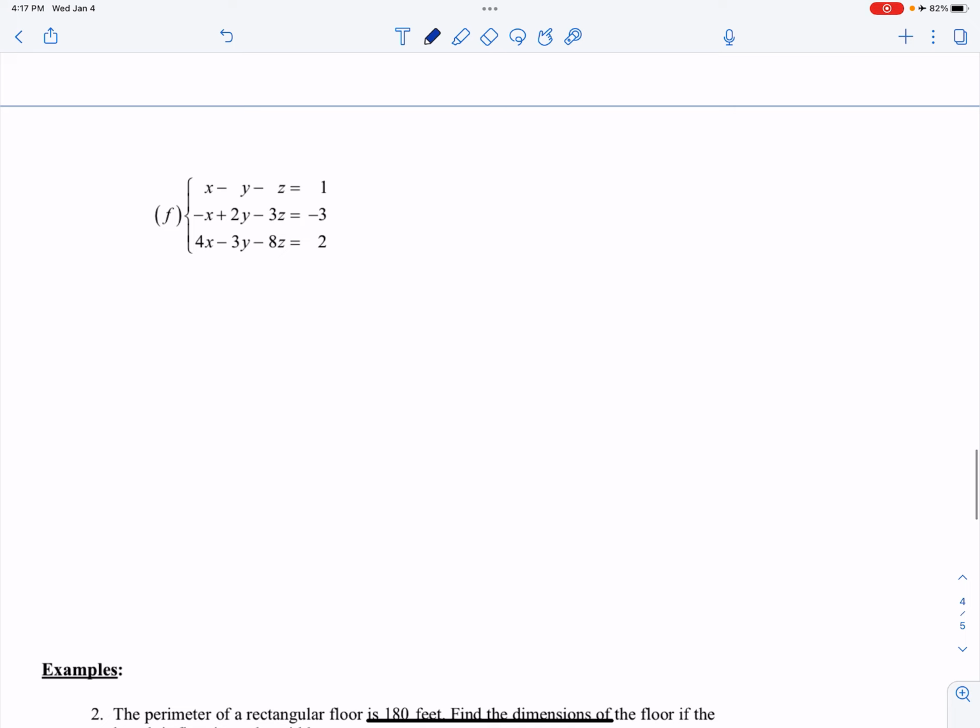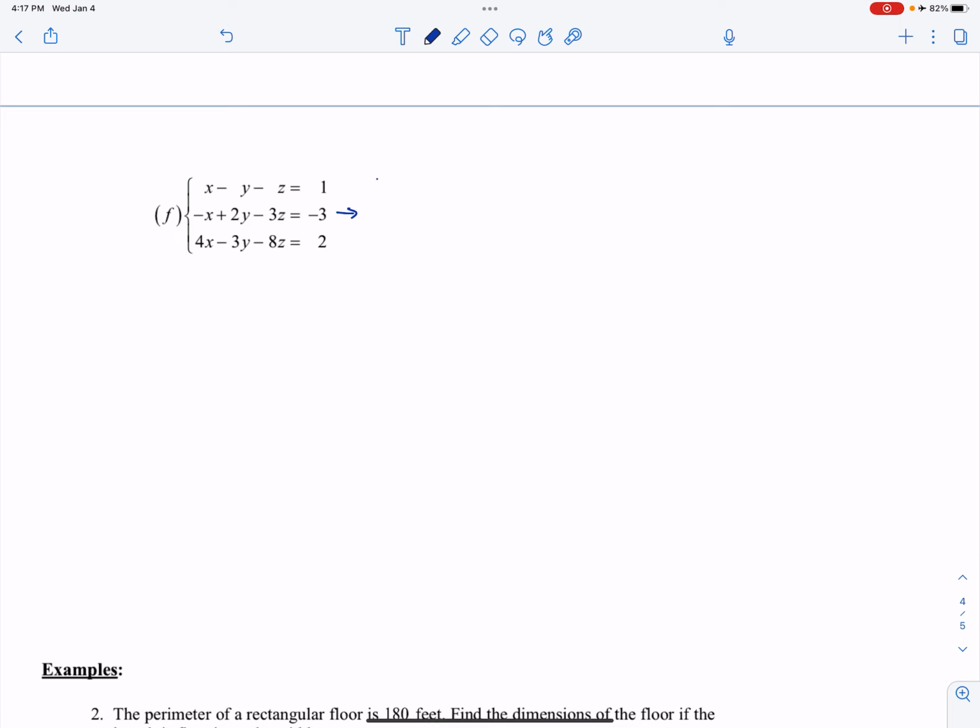Okay, next we have another 3 variable with 3 equations. So let's start by adding the first equation to the second one. That way we eliminate the x's.